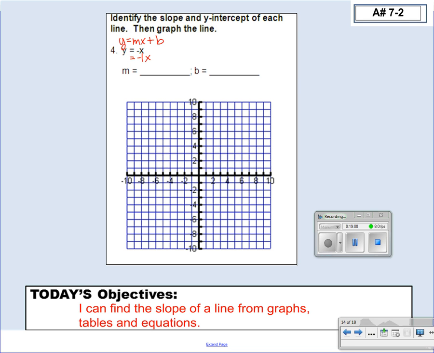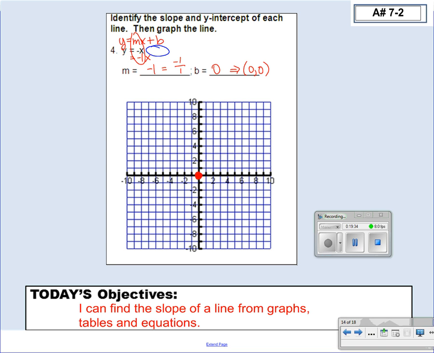So this means that our slope is actually a -1. To write it as a fraction, that's -1/1. The y-intercept, I don't have a number at the end. There's nothing there. So the number that represents nothing is 0. Our y-intercept is 0. That means we're going to start off at 0, 0, or the origin.